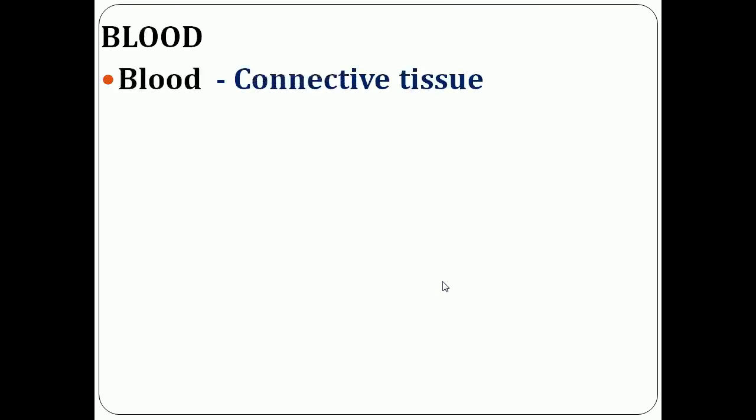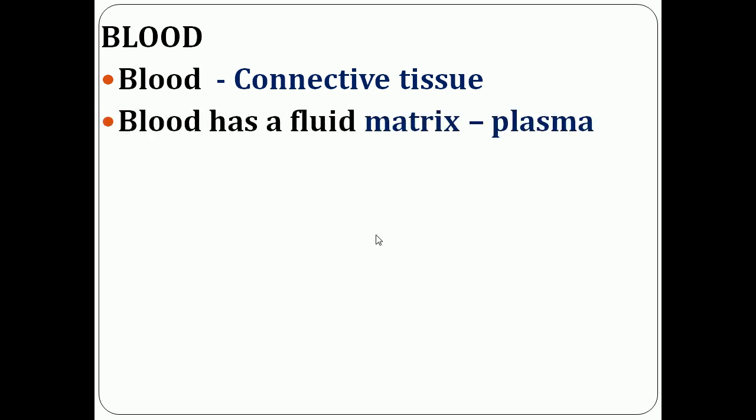So the first type is blood. Blood is a connective tissue which has a fluid matrix called plasma.